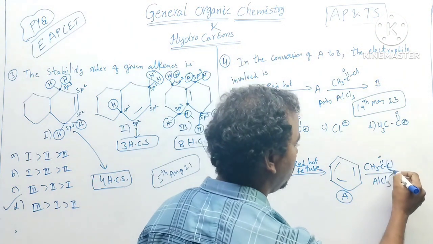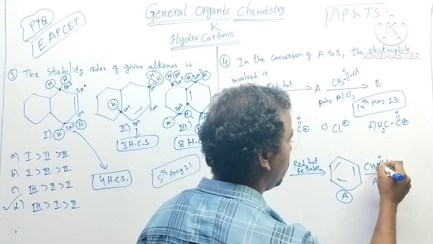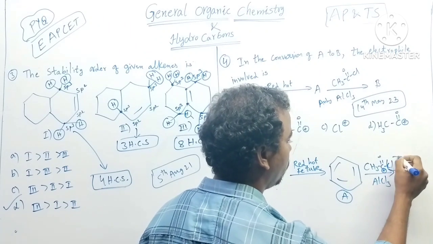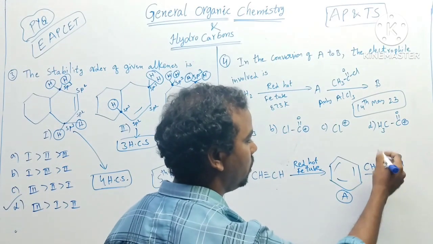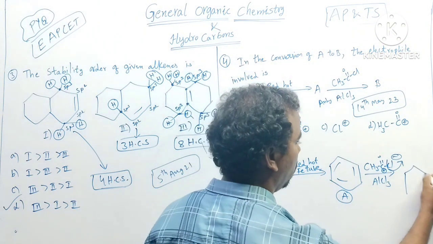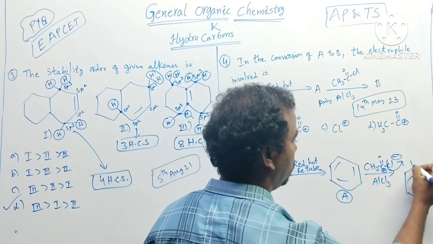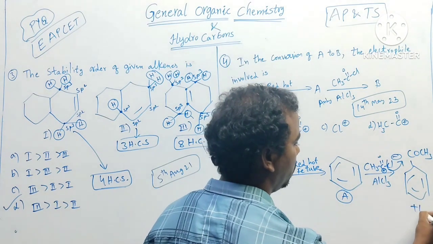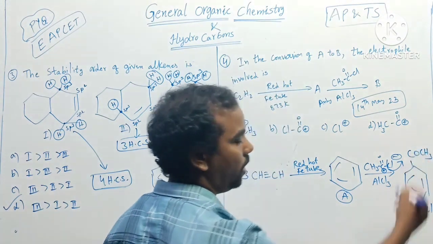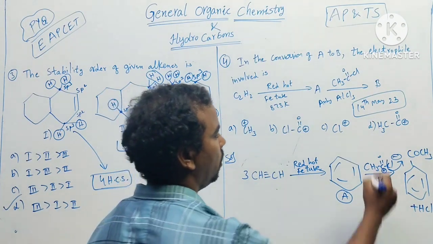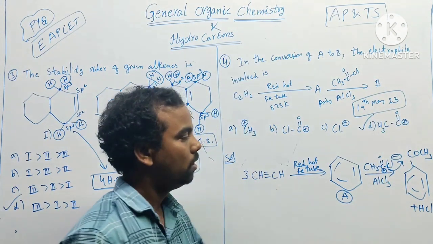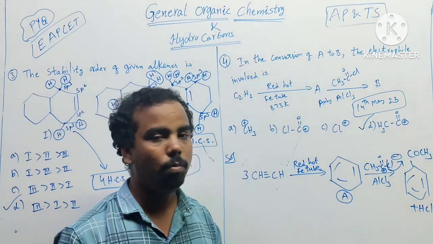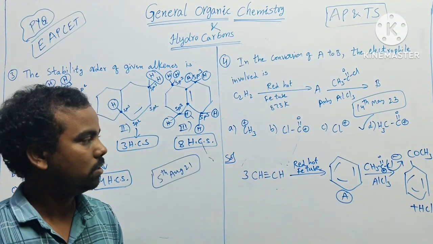So here Cl minus and CH3C double bond O plus. The electrophile is CH3C double bond O plus. Then it forms COCH3 benzene plus H plus and Cl minus, HCl. It is called acyl benzene or acetyl benzene. So here the electrophile is CH3C double bond O plus. Okay, note this.